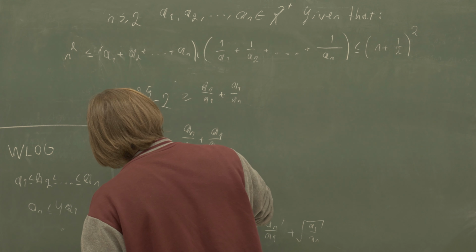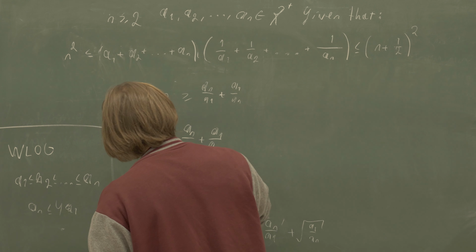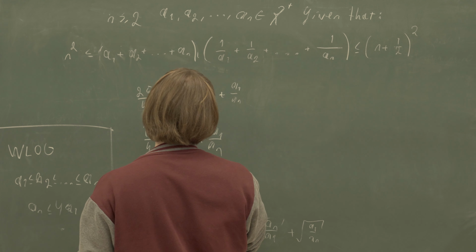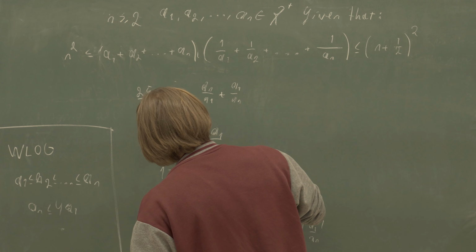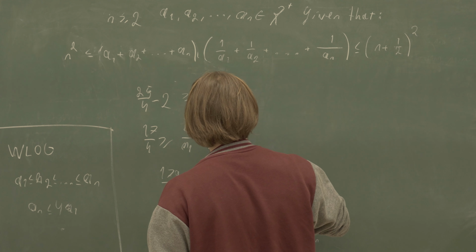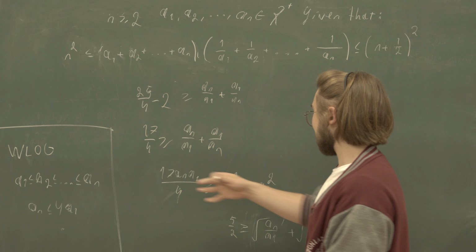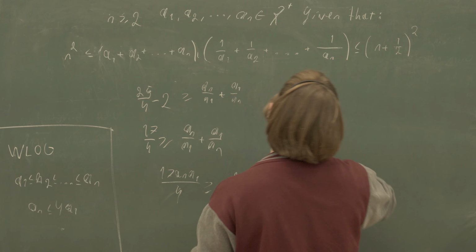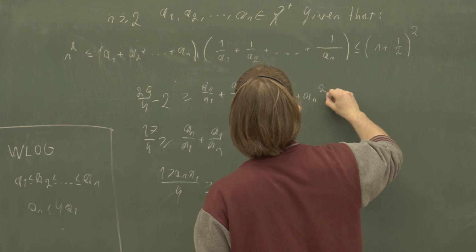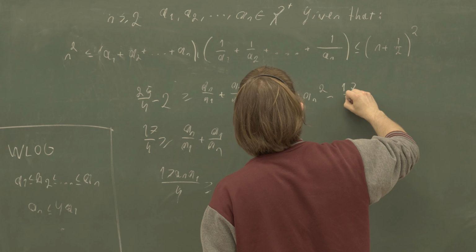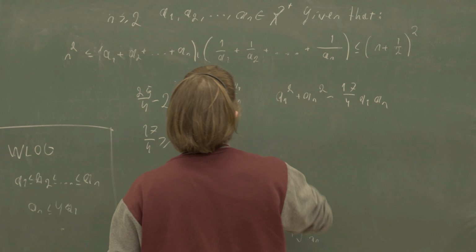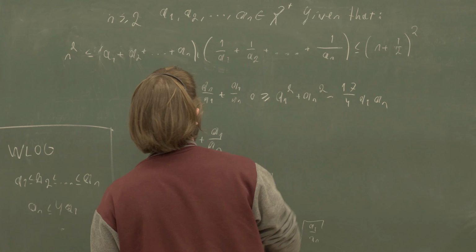So this is going to be 17 times a1 an over 4 greater than or equal to an squared plus a1 squared. And after getting everything to the right hand side of this inequality, it will be a1 squared plus an squared minus 17 over 4 a1 an, that's going to be less than or equal to 0.